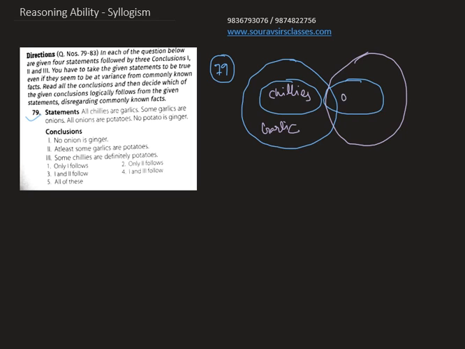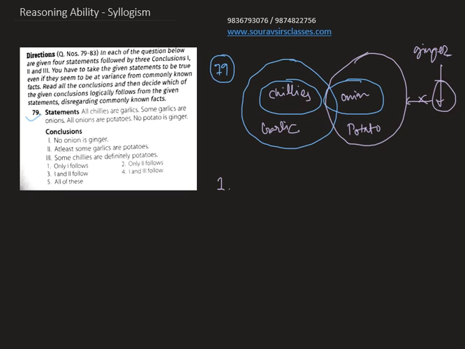So this is the set of onion and this is the set of potato. And lastly, no potato is ginger. So this is the set of ginger. Now let's see the conclusions.